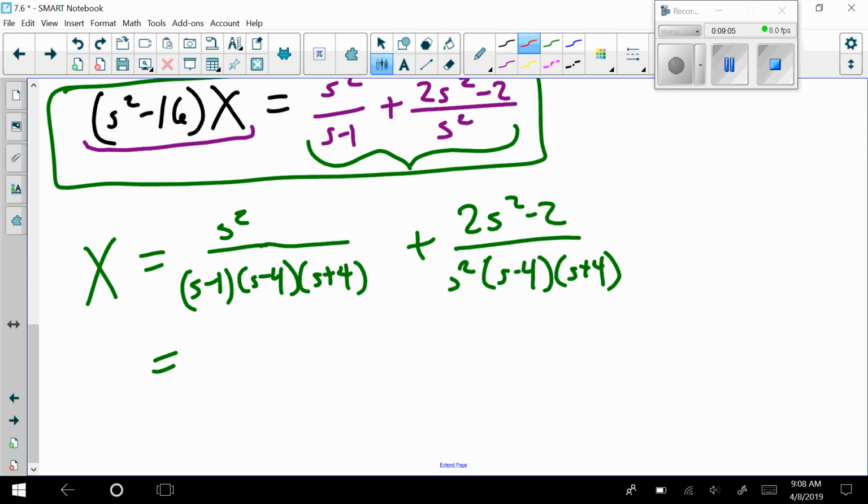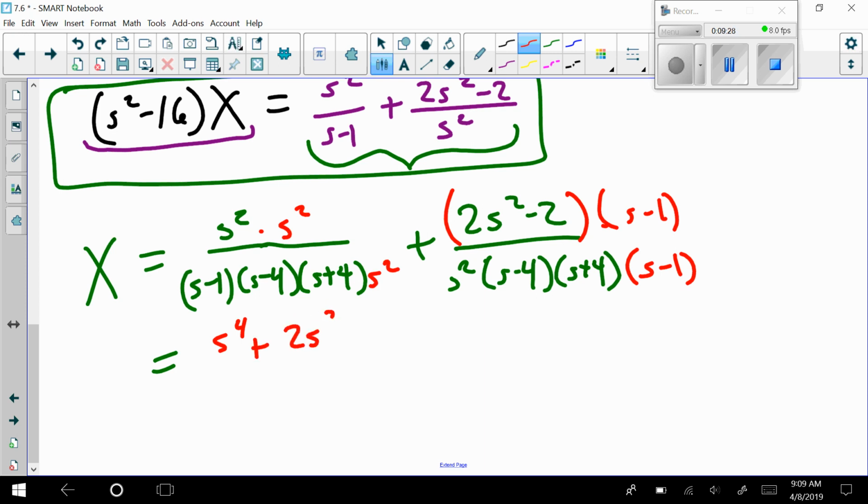Okay, make one big fraction here, which means this one here is missing an s squared, so I'd have to multiply the top by s squared. That'll give me an s to the 4th. And this section over here is missing an s minus 1, so I'd have to multiply the top by s minus 1, which would give me a positive 2s cubed, a negative 2s squared, a negative 2s, and a positive 2.